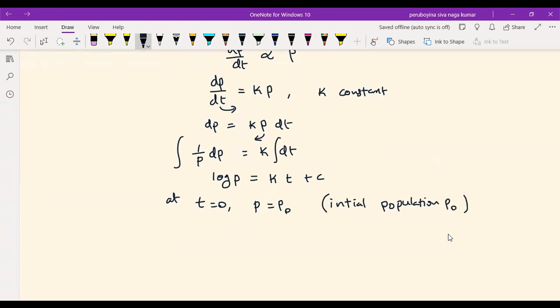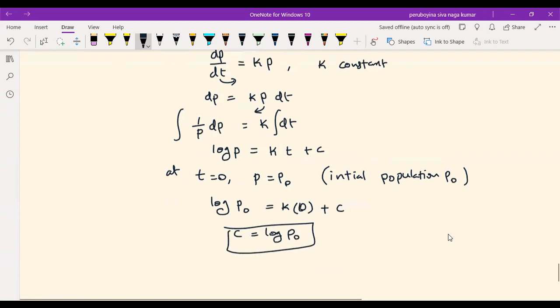Okay. So let us substitute these values. In the place of p, I am replacing p naught equal to k into t, where the t value is 0 because the initial time is 0. So the c value will be log of p naught.